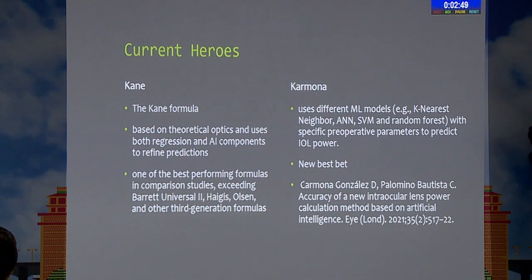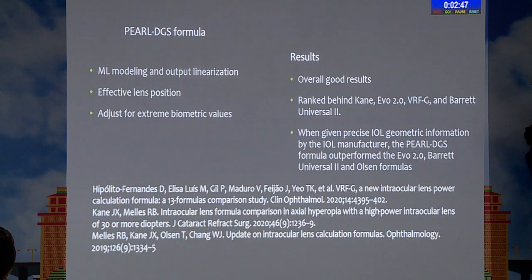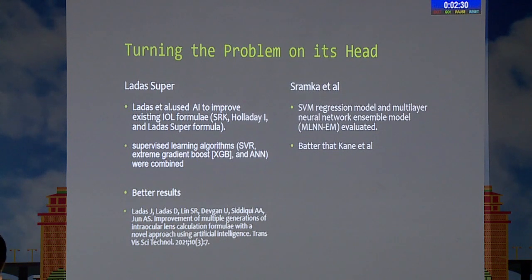The next big one that we're looking at is Carmona. And mention must also be made of the Pearl DGS, which is using output linearization for extreme biometric values. And if you use geometric information, which the IOL manufacturer provides, then you can get better results than the third generation formulae. We all know Ladas Super, which is using support vector regression and extreme gradient boosting for extremes. And Hill-RBF is also using a neural network with an ensemble model.